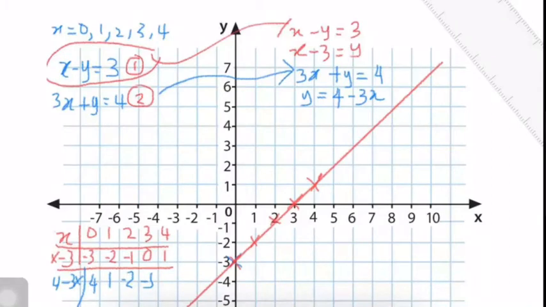Teacher. Ya. Kan teacher terbalikkan kan, kalau tak terbalikkan tak apa ke? Kalau tak terbalikkan tak apa. Tak apa, cuma sebab kita kat sini kan nak cari nilai y kan. So cikgu terus buat y lah sebagai dia punya tajuk. Senang sikit. Faham tak? Sebab kita nak cari nilai x dah ada, nilai y yang kita nak cari.